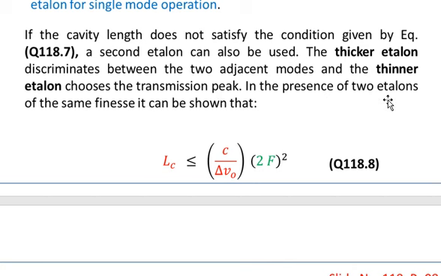In the presence of two Etalons of the same fineness f, it can be shown that the length of the laser cavity LC will be less than or equal to C over delta nu naught times the square of 2f. So you can compare it with the previous result.